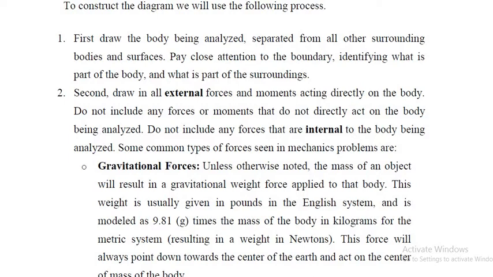Gravitational forces, if not noted, the mass of the object will be the gravitational weight force applied to the body. If we multiply this by 9.81, we get the weight in Newtons. This weight will always act downwards towards the center of the earth, and it will act at the center of mass of the body.